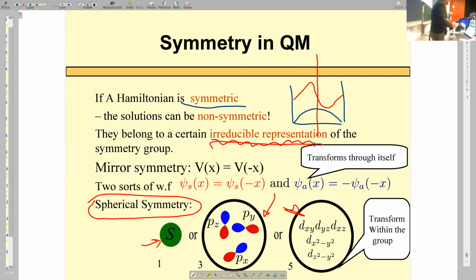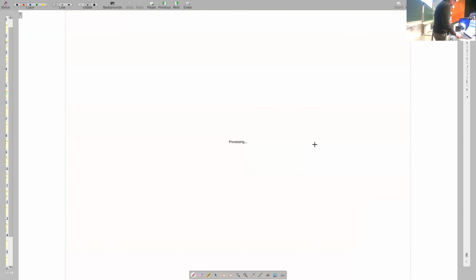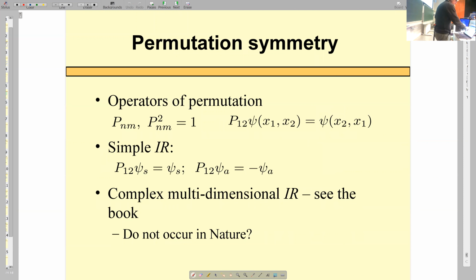We have permutation symmetry. What does it mean? We can introduce operators of permutation involving two particles with indices n and m. What's important is that the square of this operator is 1. Indeed, if we make a permutation twice, we just get to the same state.